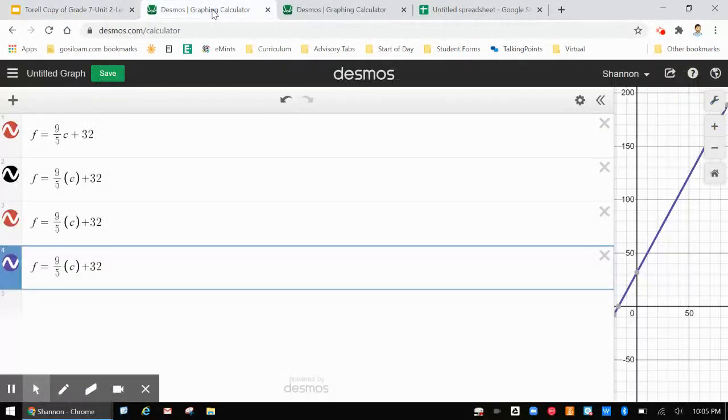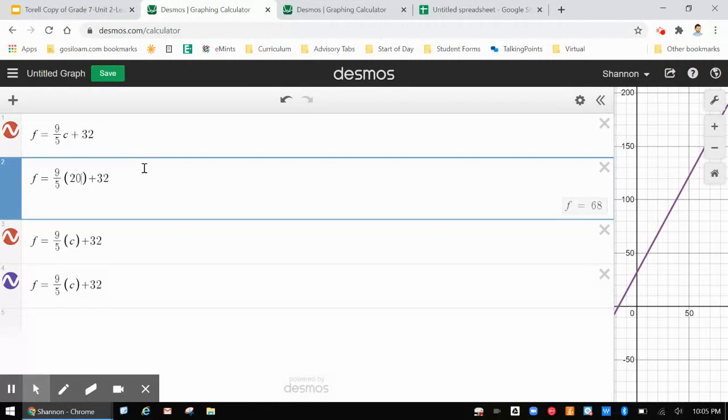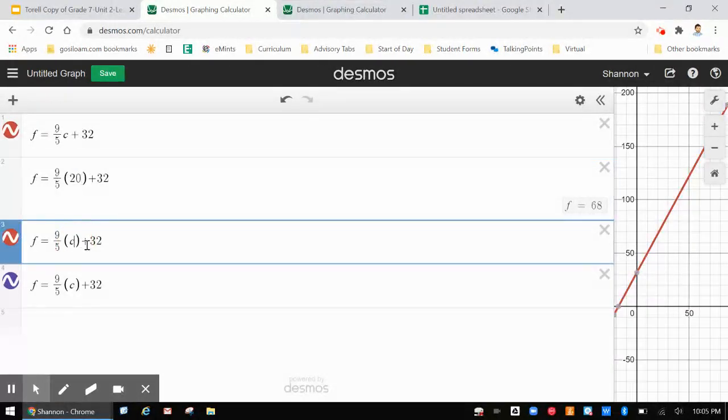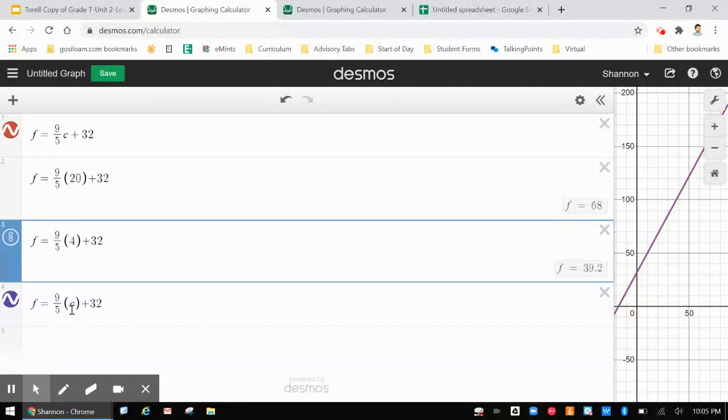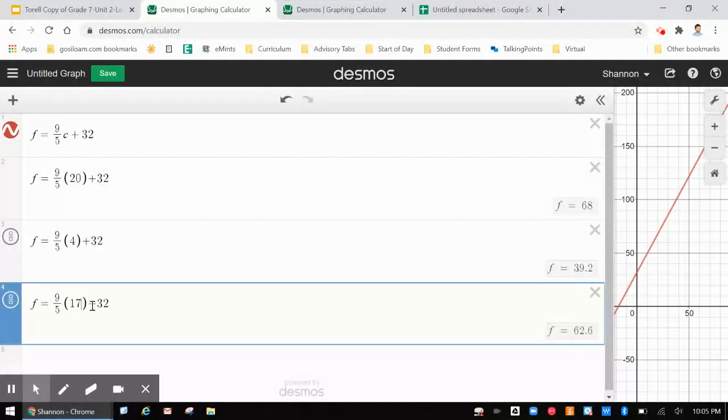The first one, we plug in 20. The next one, we plug in 4. And then we plug in 175. Over here, you can see what those come up with.